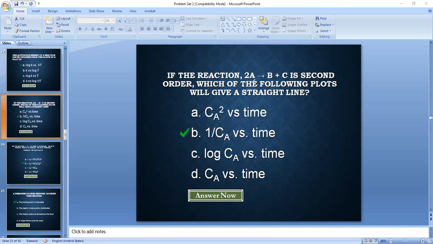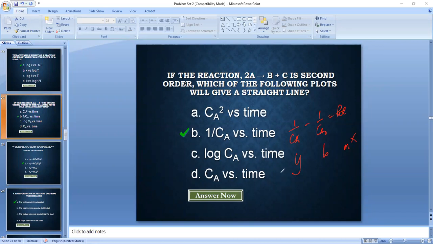So this is case 2. You have 1 over Ca minus 1 over CaO equal to Kt. So you're going to have this as the y, this is the x, this is the m. You transfer this on the other side, that will be your b.